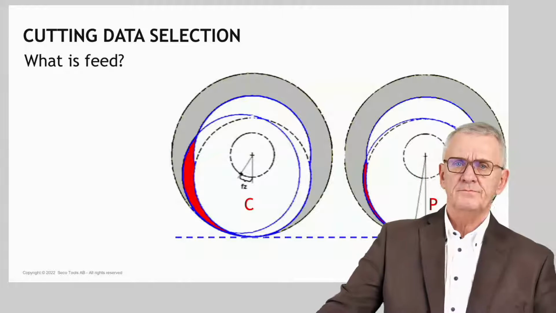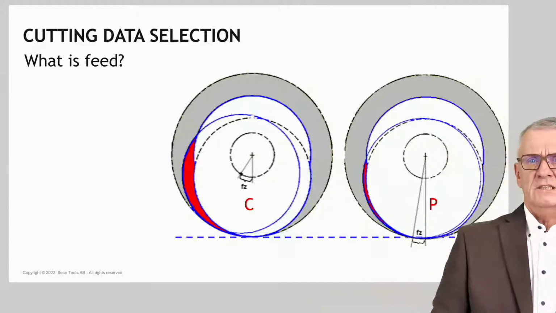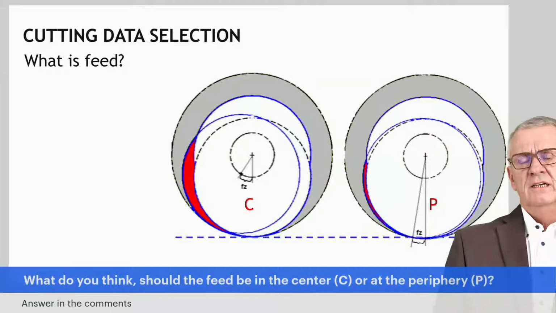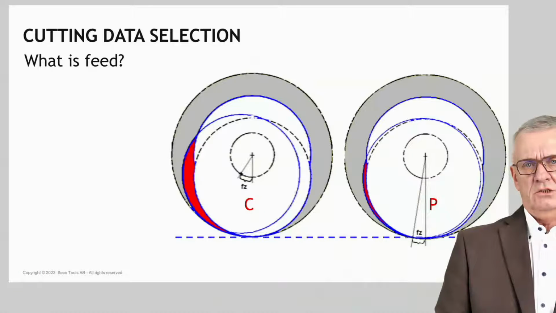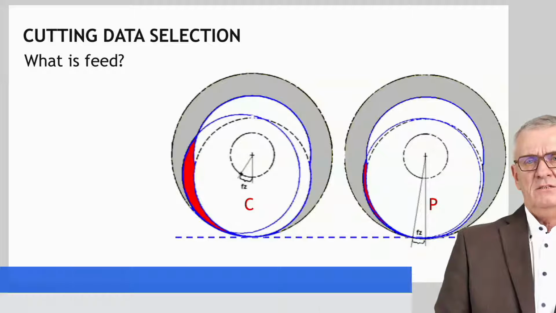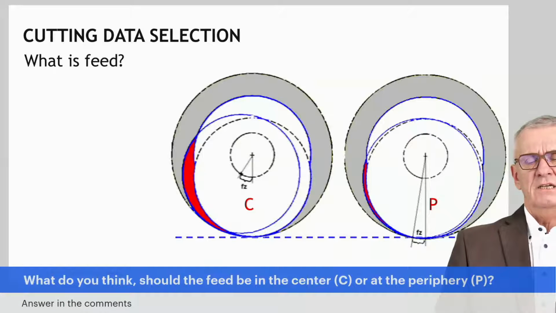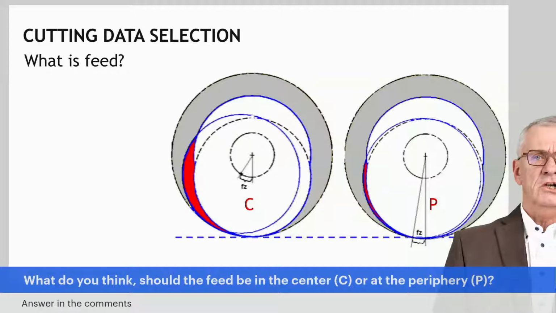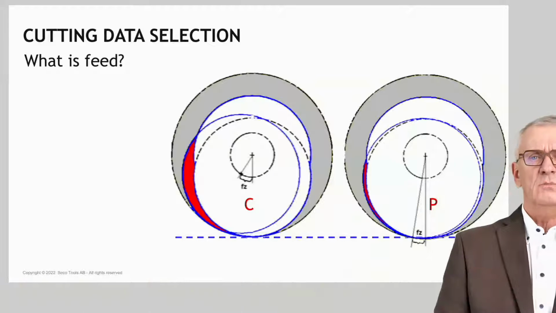What is the feed? You see the pictures here. I think these pictures are 35 years old, so old is this discussion about the feed. What is the feed of a milling cutter? You see here circular milling. It should not always be linear milling, but circular milling.